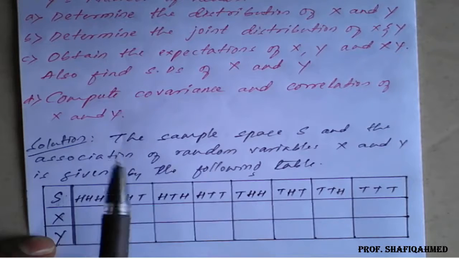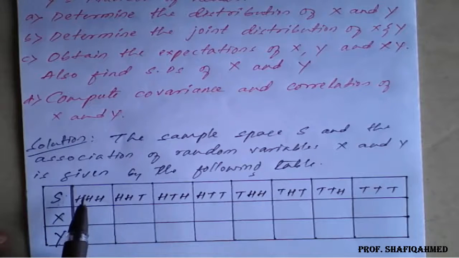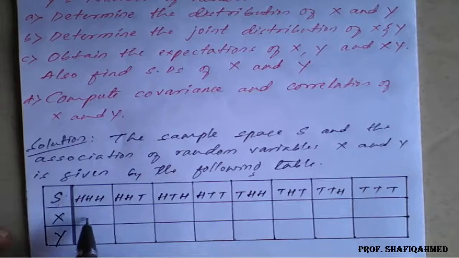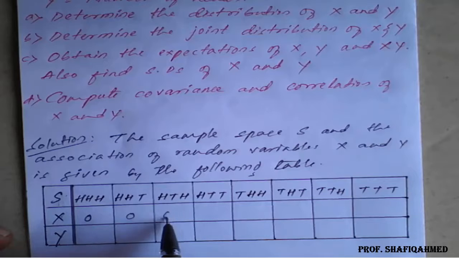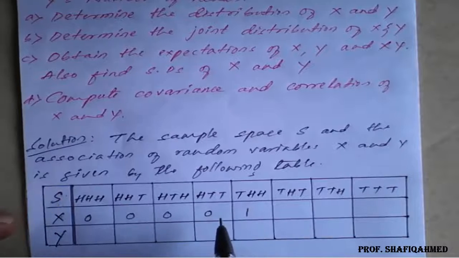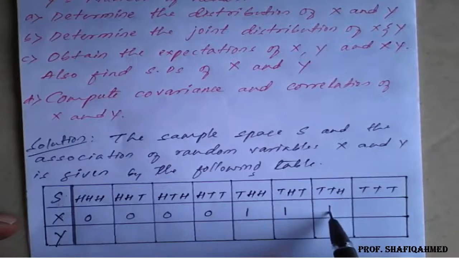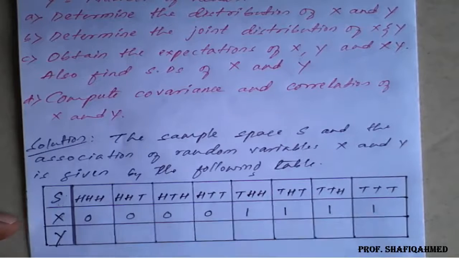If head comes we write 0, if tail comes we write 1. So here head is coming first, I write 0, 0, 0, 0. Tail is coming first, so I write 1, 1, 1, 1 as per the instruction.